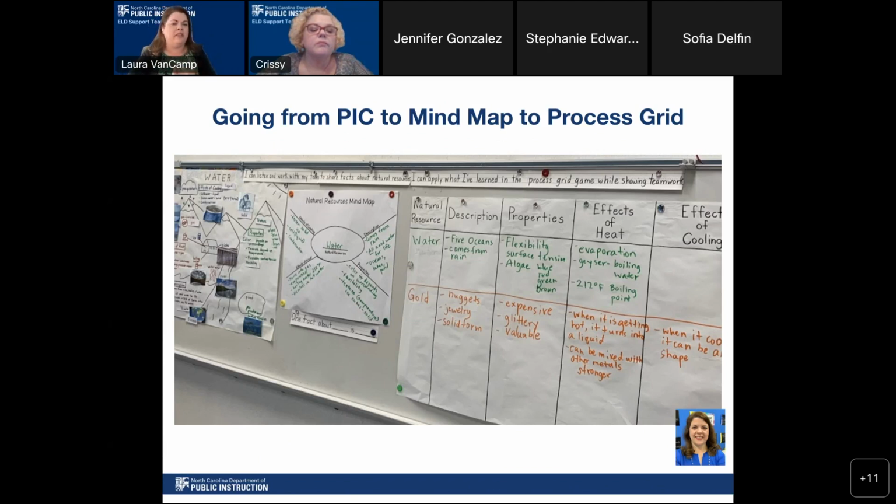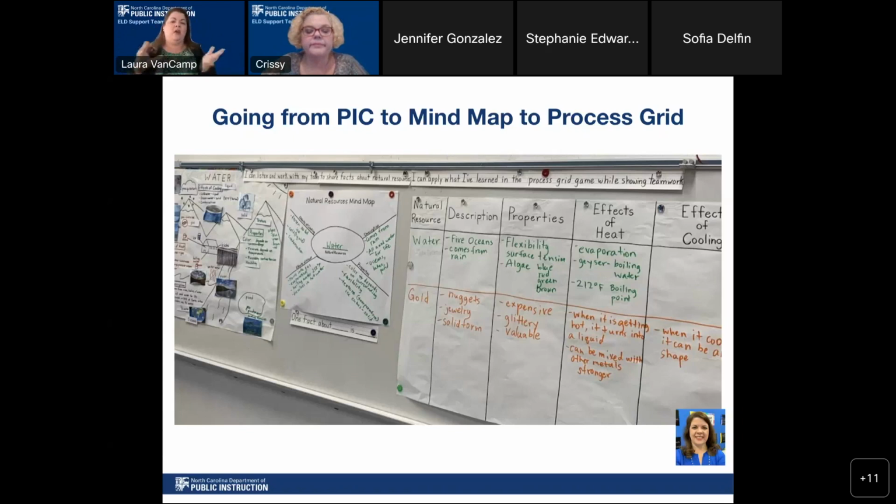We talked about all different properties. We talked about effects of heat, effects of cooling, and the description. And that was really great. Then, as a whole class, we do a whole class mind map where we take the information from the pictorial and move it over to the whole class mind map, which you see in the middle of the picture.